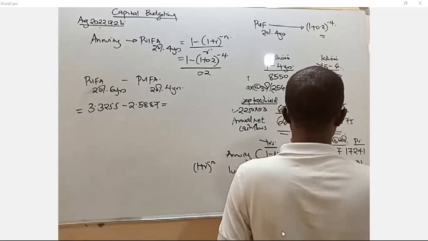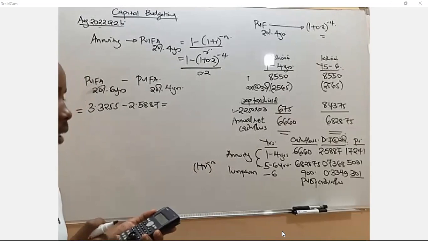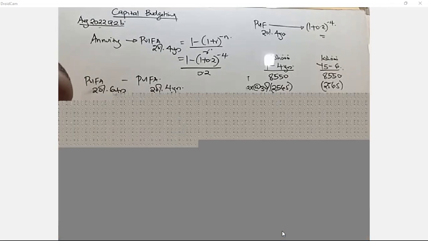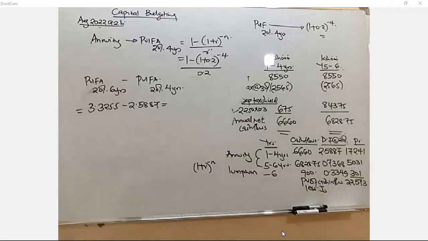The present value of the cash inflow will be 17,241 plus 5031 plus 301. We are getting 22,573. Then we less our initial outlay. How much was our initial outlay? It was 14,943.